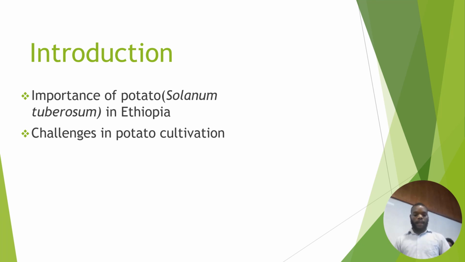In Ethiopia, potato yield in tropical Africa, including Ethiopia, is generally low due to some factors like abiotic and biotic factors. The biotic factors, for example, pests and weeds. The most factors responsible for low productivity are disease and insect pests affecting the crop in Ethiopia and especially other parts of the world.